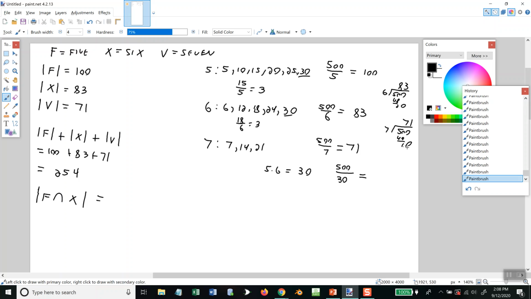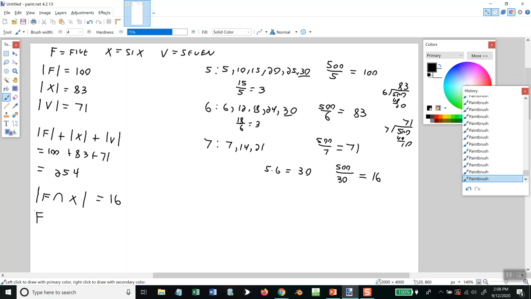I should have a calculator. I've got a calculator on my desk. What am I doing doing this by hand? 500 divided by 30 is 16.666. Again I want to drop off the decimals, so there are a total of 16 of them.